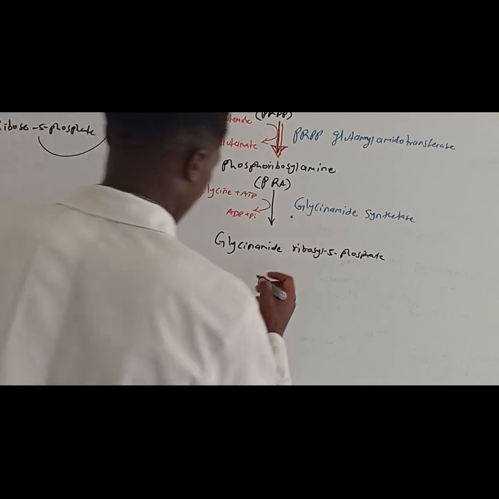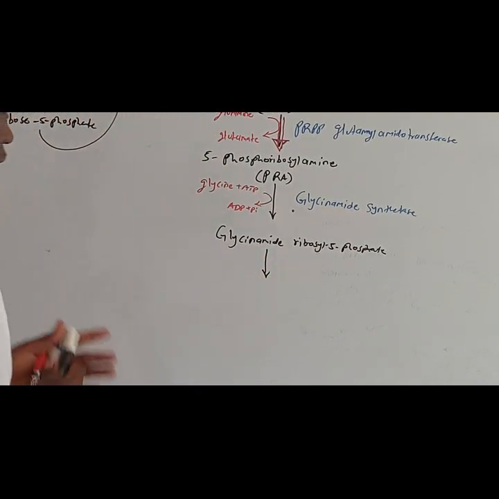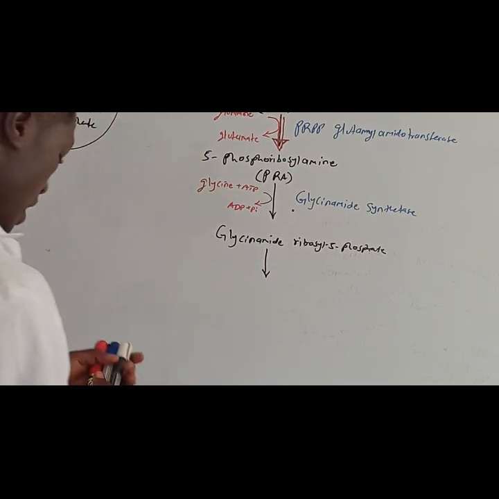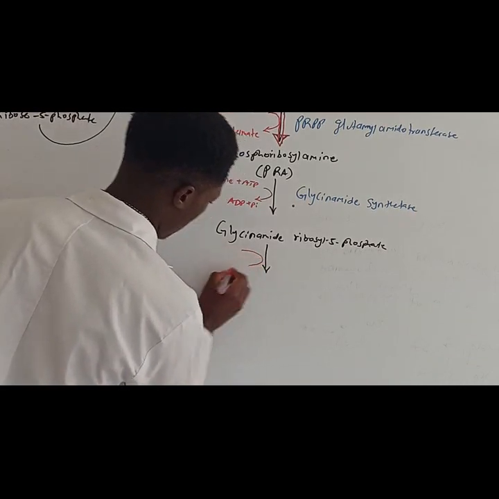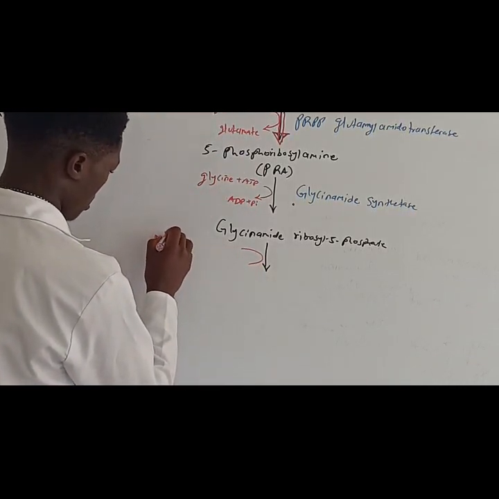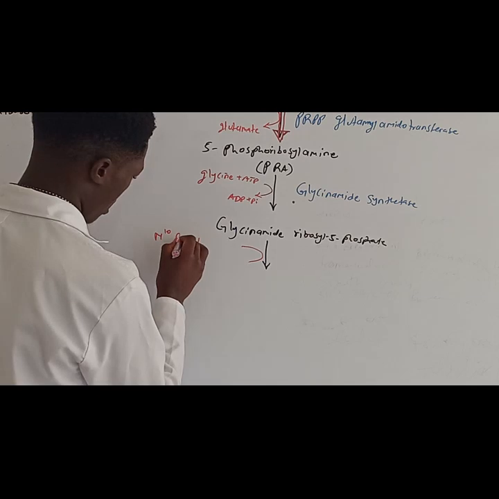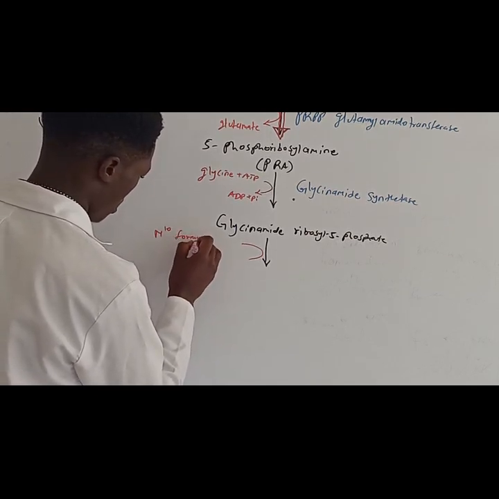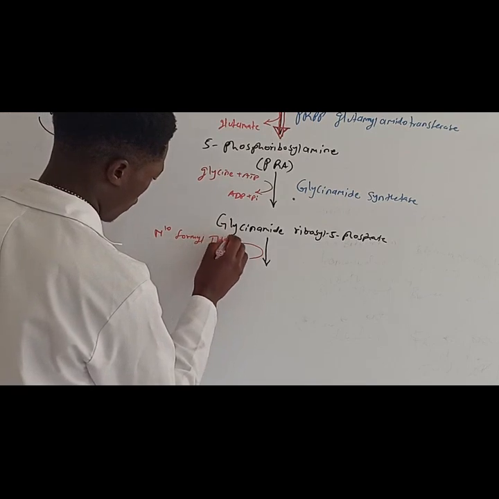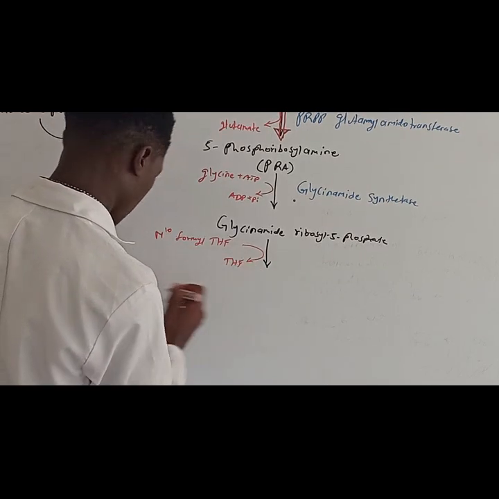Glycinamide is going to be converted into a new molecule. Now, this is going to require N10-formyl tetrahydrofolate. So we're going to have N10-formyl tetrahydrofolate, and then you are going to get rid of the tetrahydrofolate.